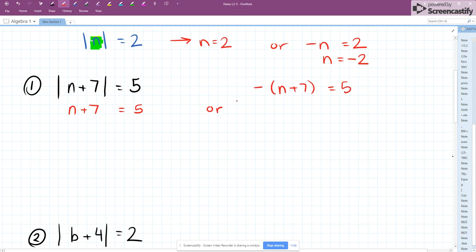You have to solve both problems because there are two answers. So working on the left, to get the n by itself, you would subtract 7, and you get that n equals -2.